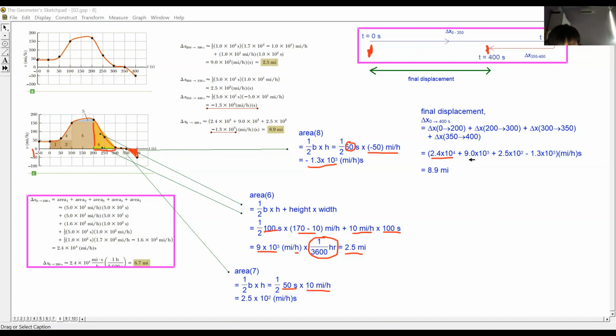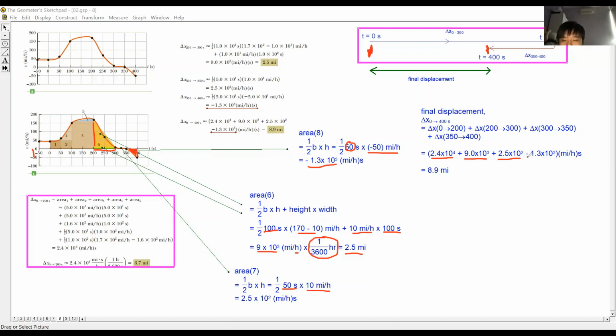Then the second part, 9 times 10 to the power 3, where does this come from? It comes from area number 6, the whole thing, the yellow and green color. Then this one, 2.5 times 10 to the power of 2, comes from here, the right angle triangle from 300 to 350.